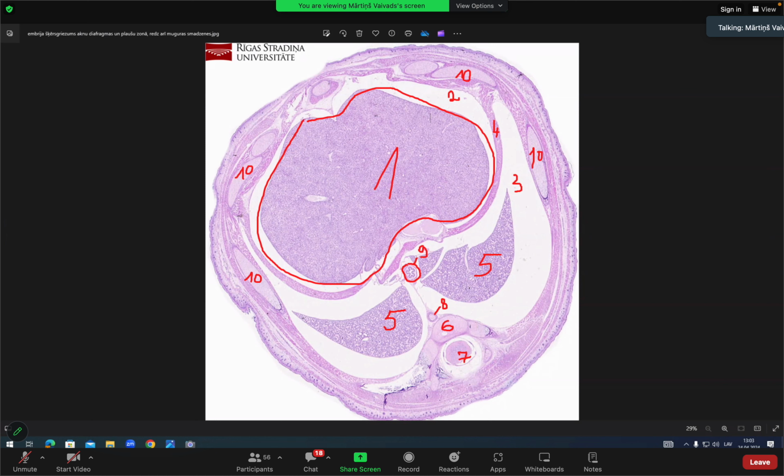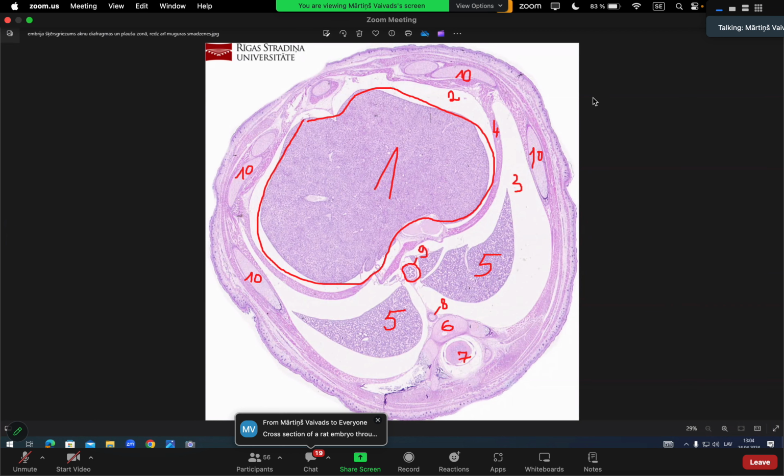And then what about the slide name? Technically, you can say there's liver development, but you can also name the slide a bit differently. This is a cross-section or transversal section of a rat embryo through the liver and lungs, for example.